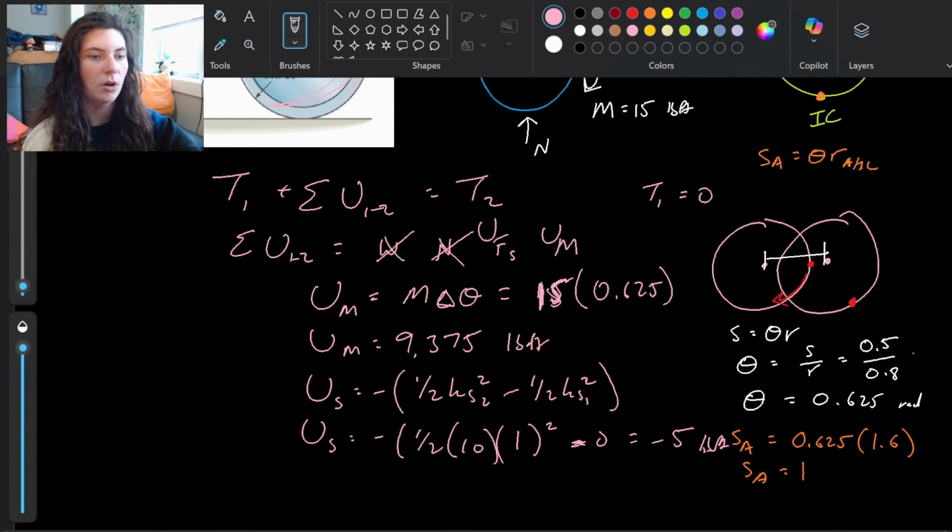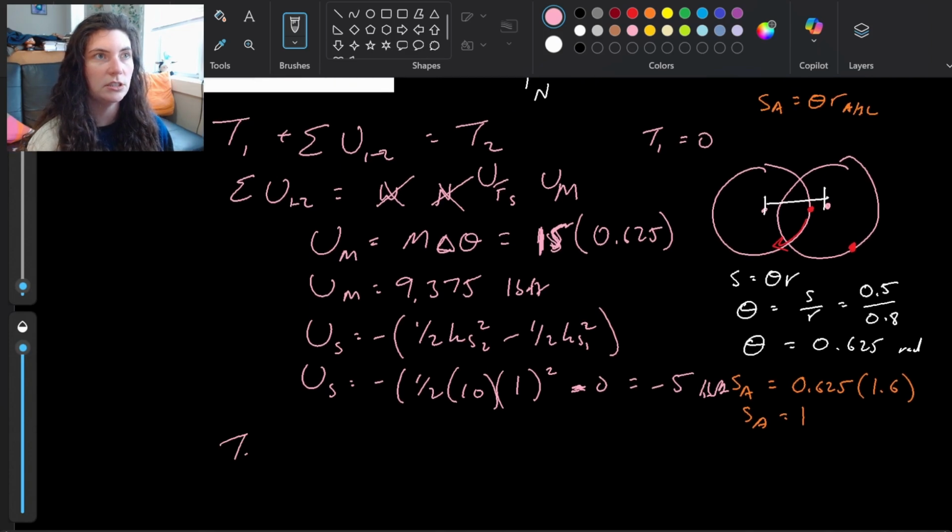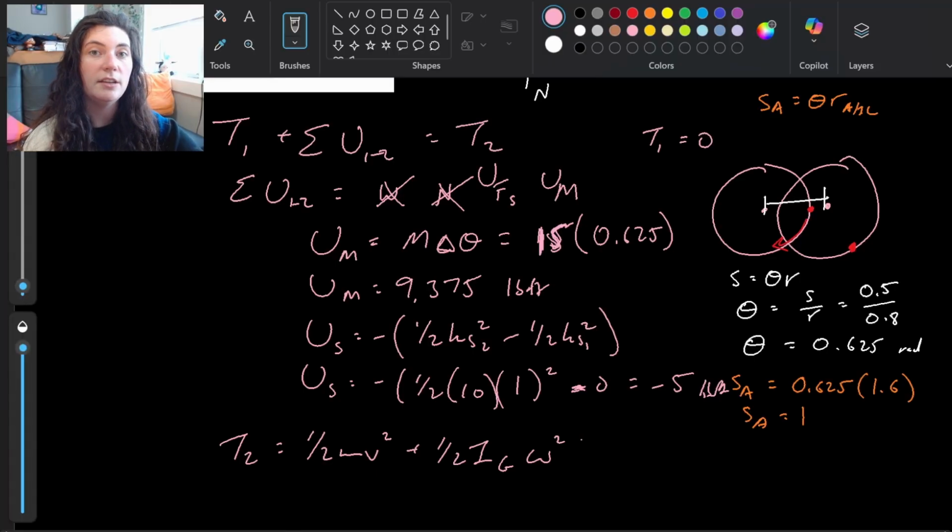We have our initial kinetic energy. Now we just need that final kinetic energy, T2, which is 1/2 mv squared plus 1/2 I_G omega squared. But if we recall, we talked in our last video about another kinetic energy formula we could also use for rolling without slipping.